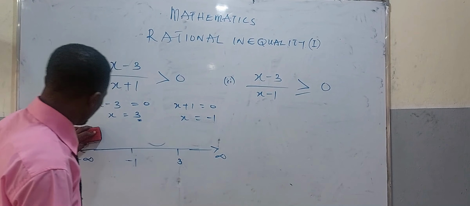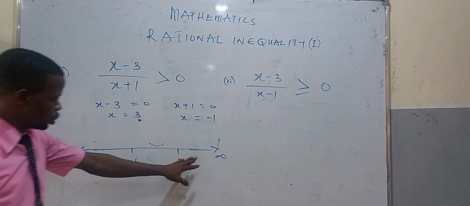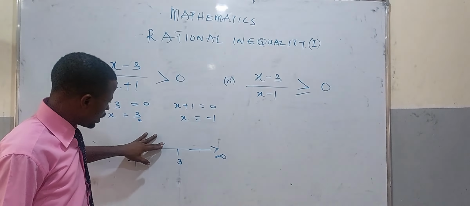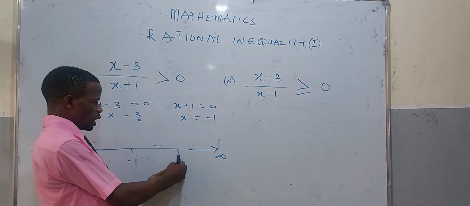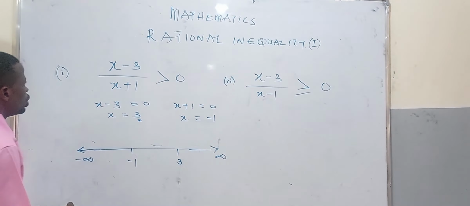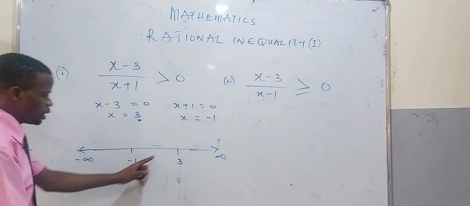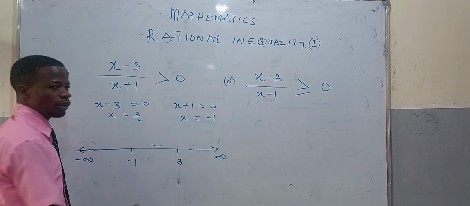So what do we do? Check for when these regions are positive. Let's start from this region, the values when x is greater than 3, between 3 and infinity. Let's check it with 4. If x is 4 along this region, we want to know whether it is positive or negative.